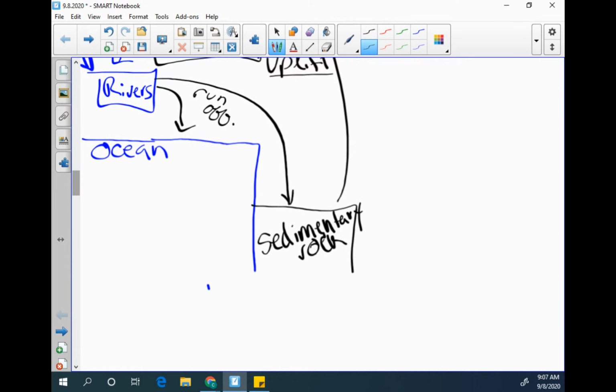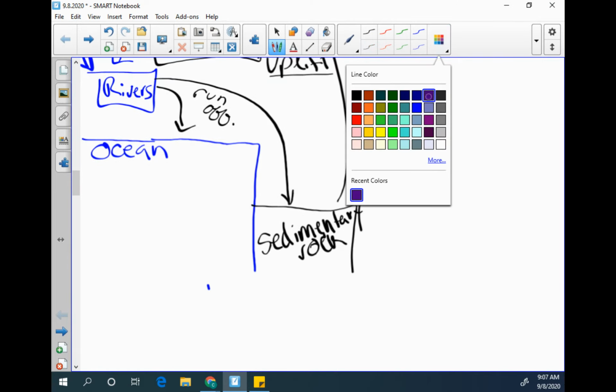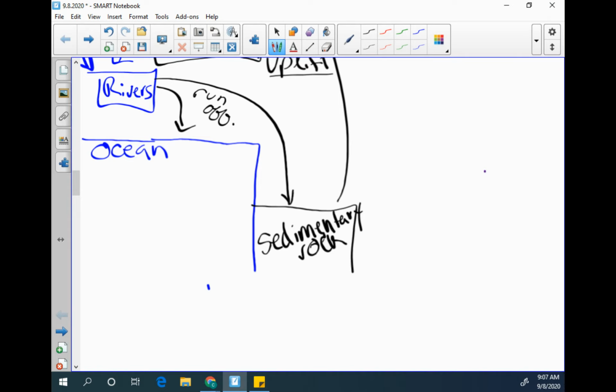Now, in oceans, we're going to bring a whole new color into this. In oceans, we have producers, consumers, and decomposers. Just like we do on land, but like we said, phosphorus likes to stick to the oceans and rock.